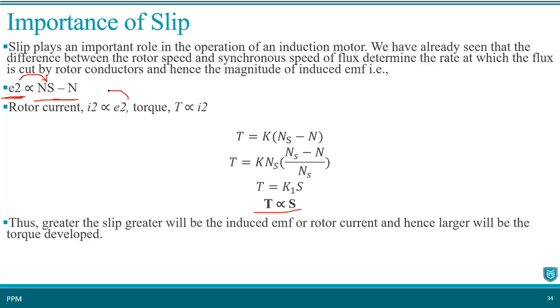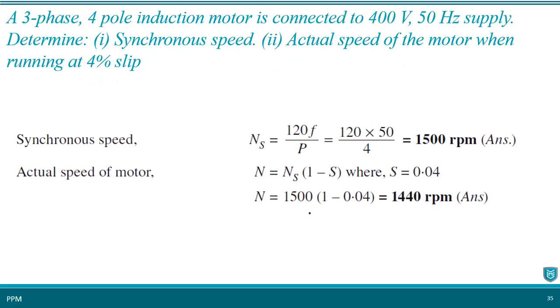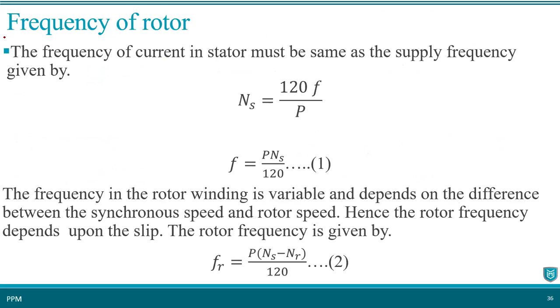Now the current depends upon the voltage, and torque depends upon the current. That is why we can say that torque is dependent upon the slip, or proportional to the slip. On this, I think we discussed this numerical, so I'm skipping this. Okay, yeah. Then we discussed frequency of the rotor.